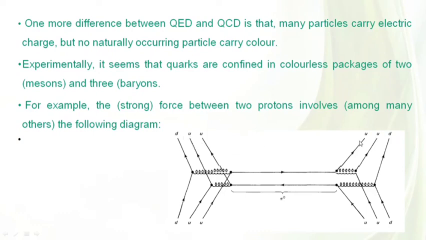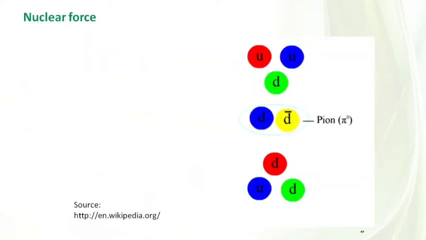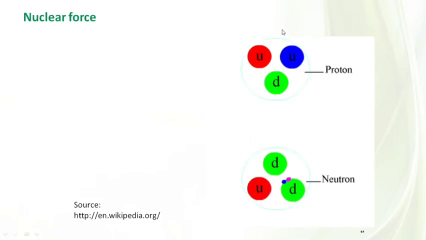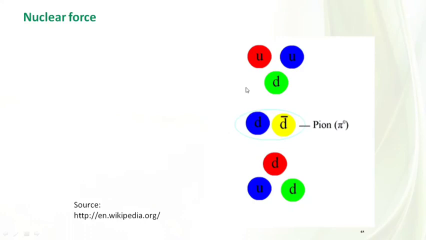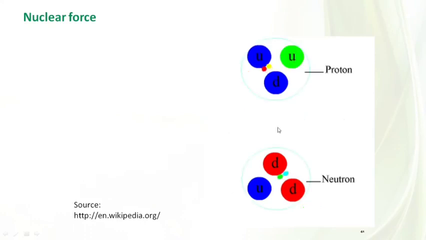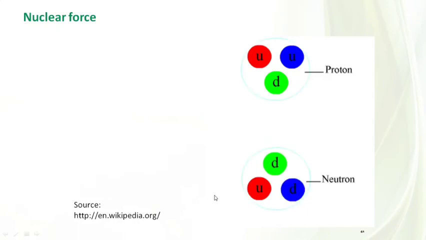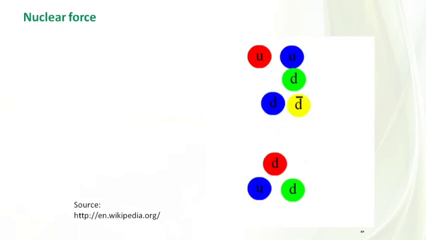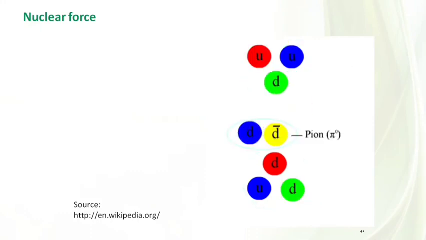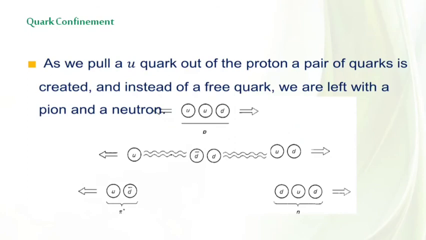You can see in this diagram a beautiful representation of a nuclear force, how neutron and proton are made up and how they are interacting through color charges. You can see red, blue and green colors, and they are interacting and creating themselves back as up and down quarks. It is a really interesting diagram.